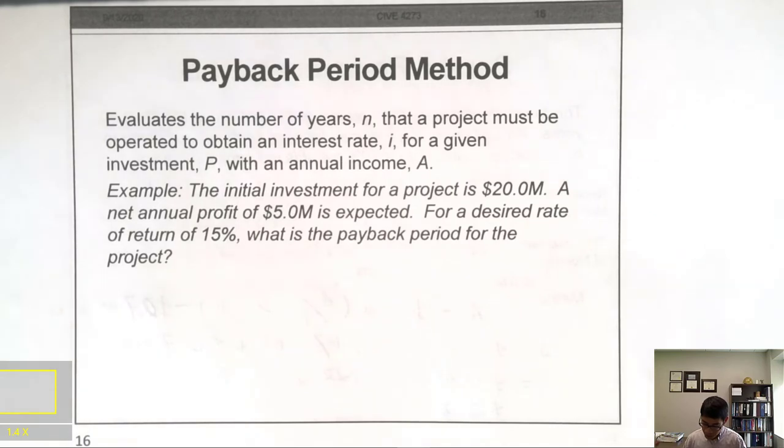For simplicity, I would like to carry the sign into the equation. If that is disbursement money, we treat it as negative. So the initial investment is negative, and the annual income or the annual profit, which is the $5 million, I treat as positive.